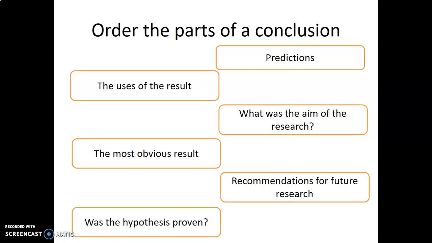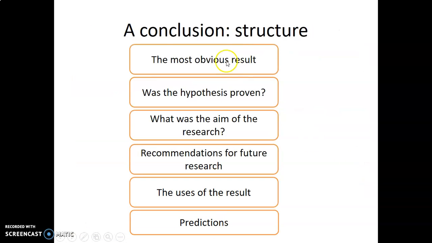All right, hopefully you've done that. Let's see what we have. So a conclusion starts with the most obvious result. Yeah, you can see that it's something like the results show that blah blah blah, right?